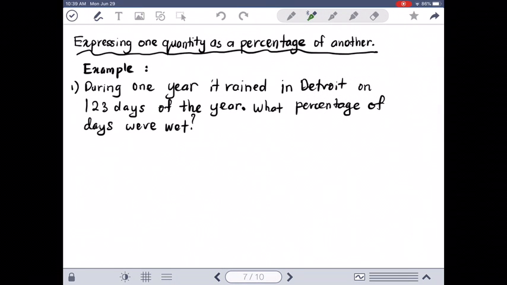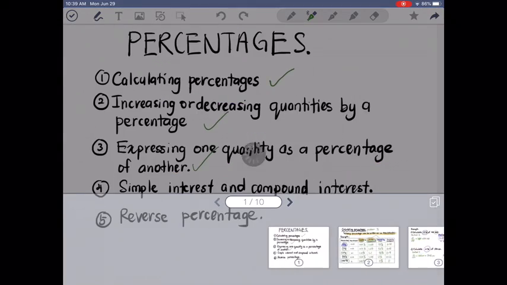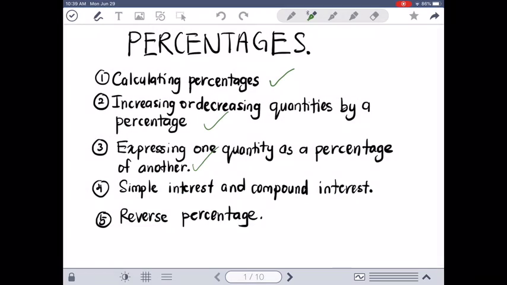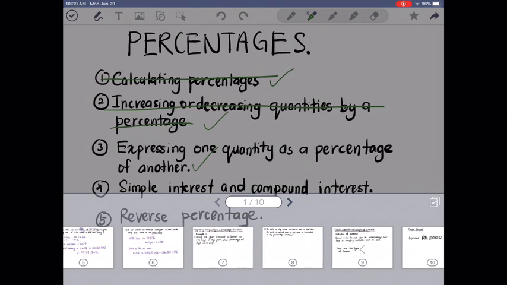Okay, now we are going to talk about expressing one quantity as a percentage of another. If you look at our subtopic, we have covered calculating percentages, and increasing or decreasing a quantity by a percentage. Now we are at expressing one quantity as a percentage.